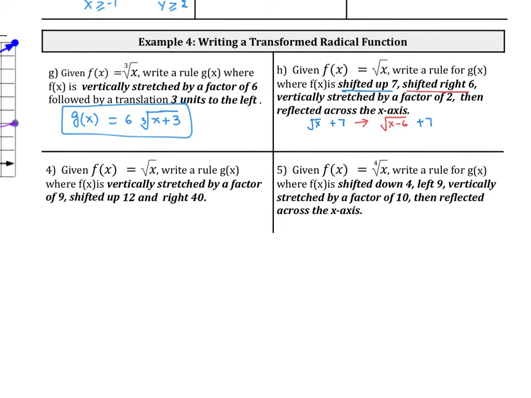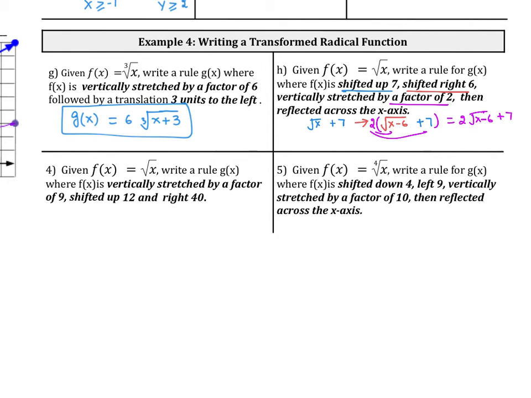After that it is going to be vertically stretched by 2. So you multiply by 2 in the front, and then you distribute the 2 inside. You get 2 times square root of x minus 6, plus 7.